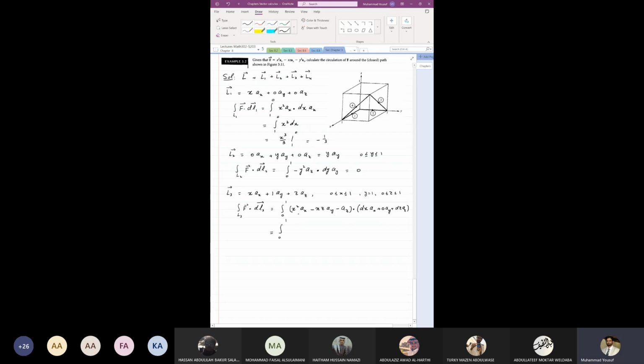So when we take the dot product, when we said here from 0 to 1, which of the d do we mean, dx or dz?